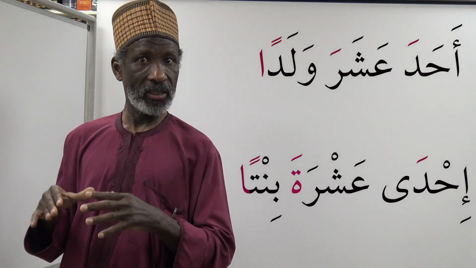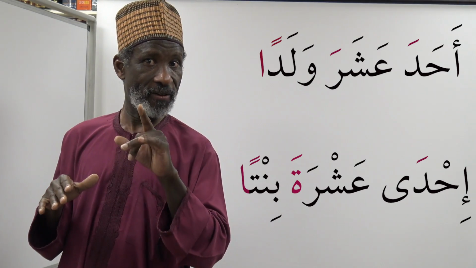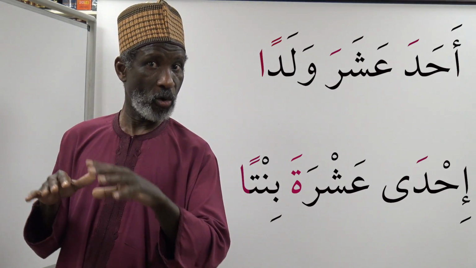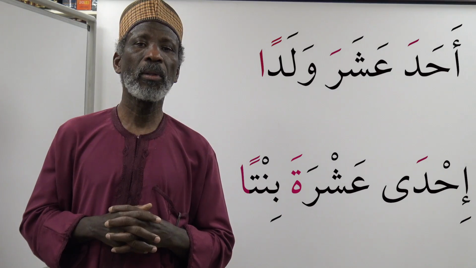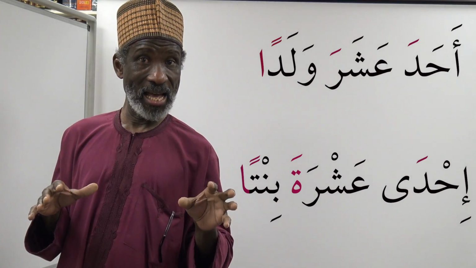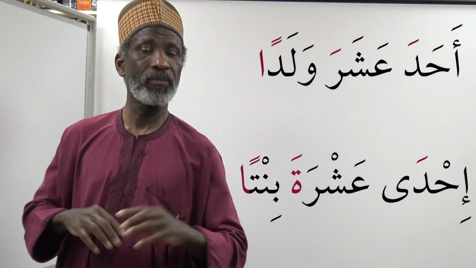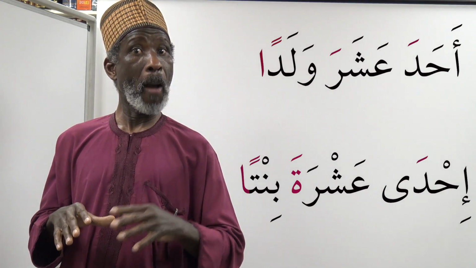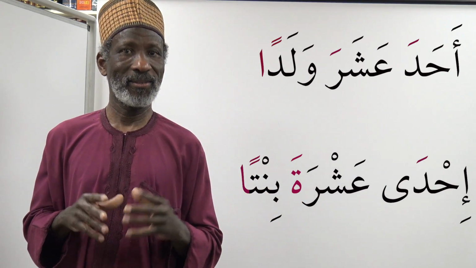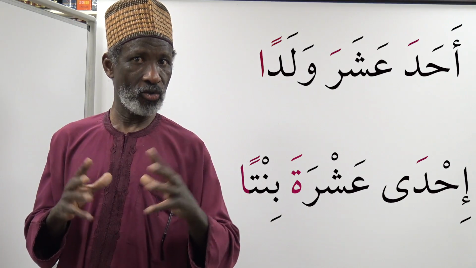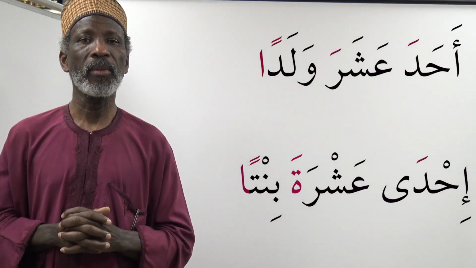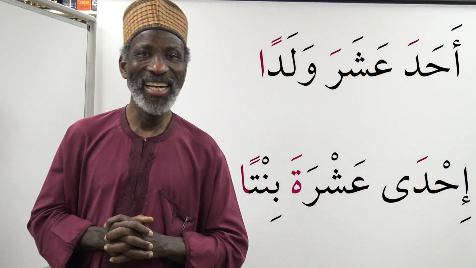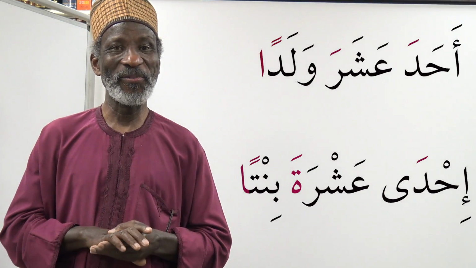The second line is ihda, the feminine version of ahada. Ashrata, that's a feminine 10 and it's carrying fatha. And then we have bintan, singular, carrying 2 fatha. I hope you're following this.